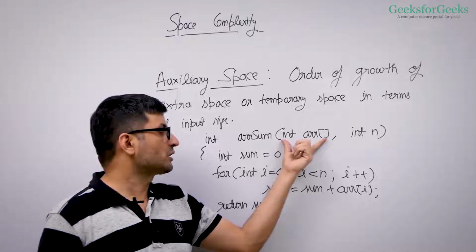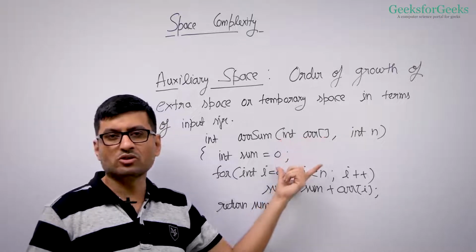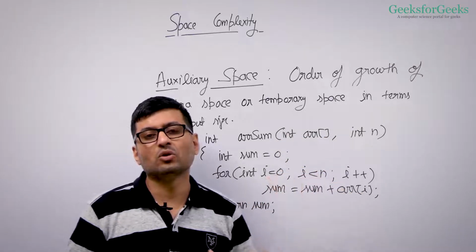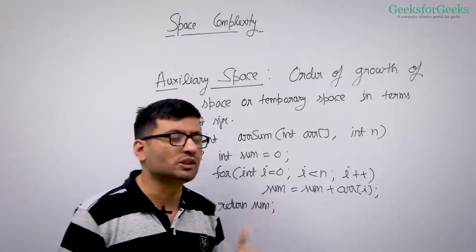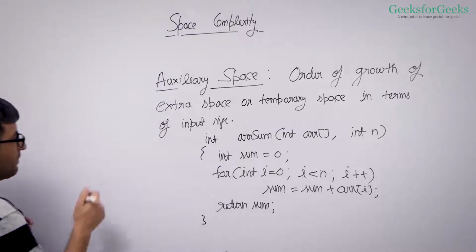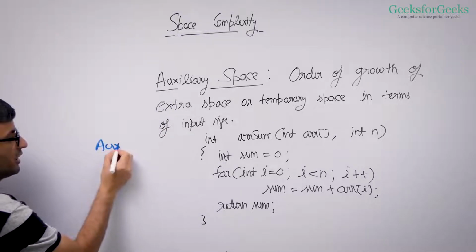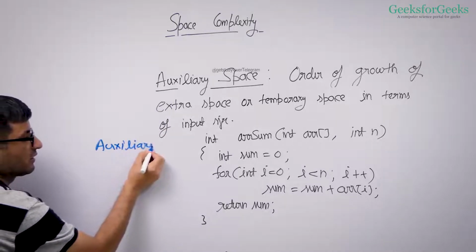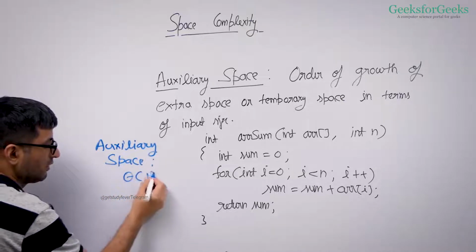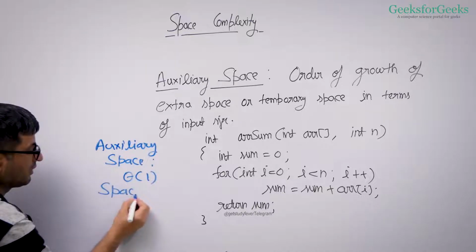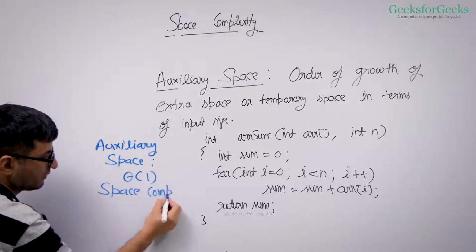It needs linear space only for input. It does not use any extra array to do any computations. So auxiliary space for this program is theta 1, but the space complexity of this program is theta n. Auxiliary space theta 1, space complexity theta n.